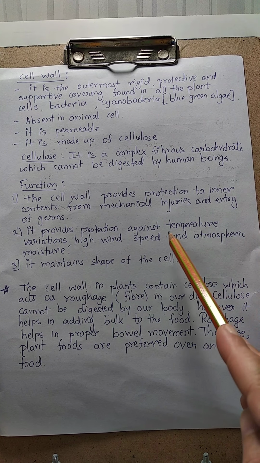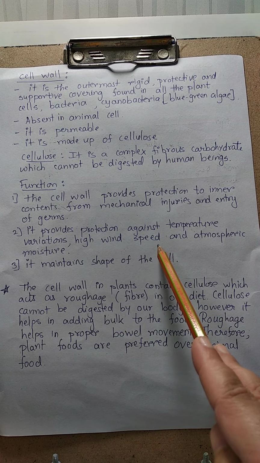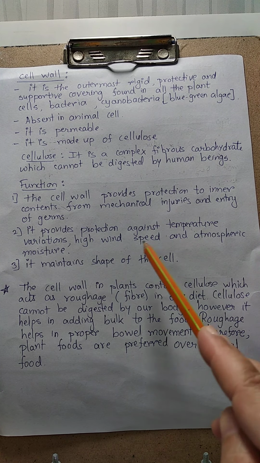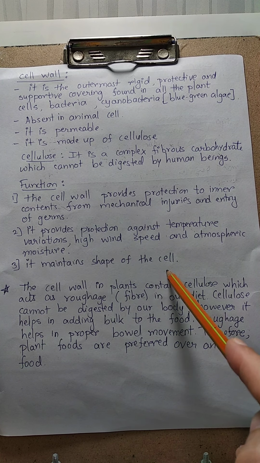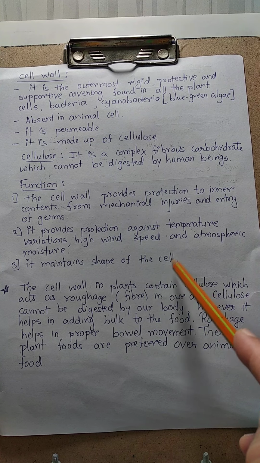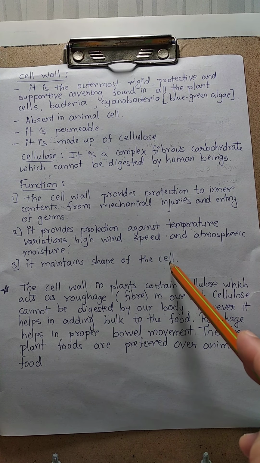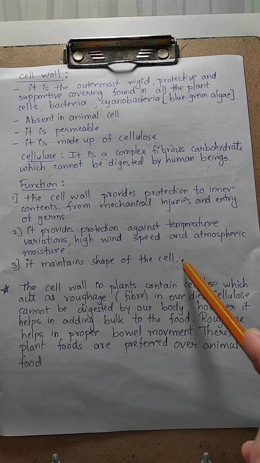So it is providing protection against extreme rains, temperature and wind. Then it maintains the shape of the cell, right? Because of its rigidity, the cell can maintain its proper shape, right? So these are the different functions of the cell wall.